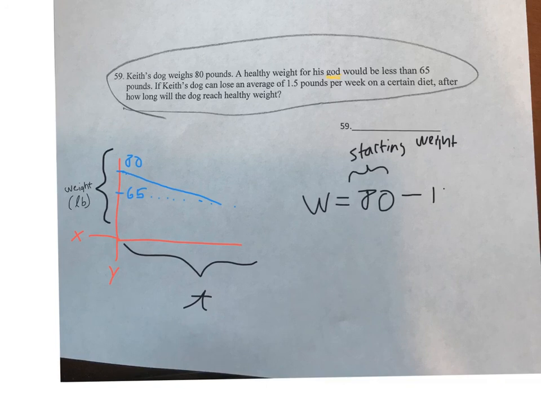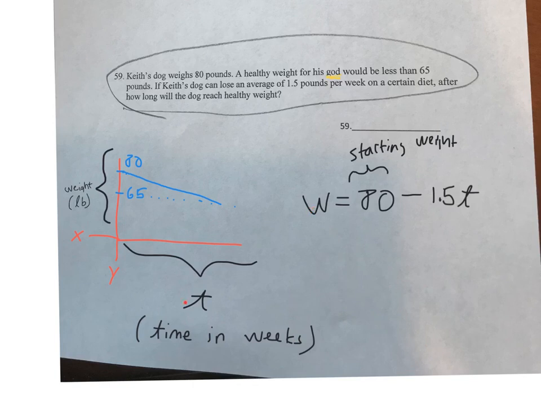So 1.5 pounds times t. We'll say that t is time in weeks. So t represents time in weeks. W represents weight in pounds.